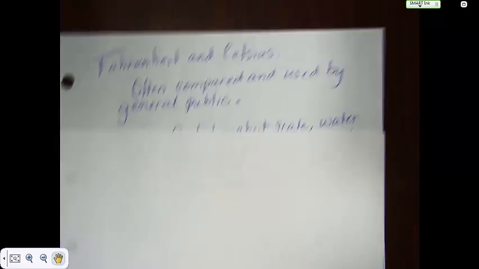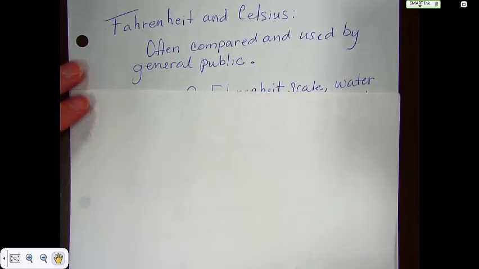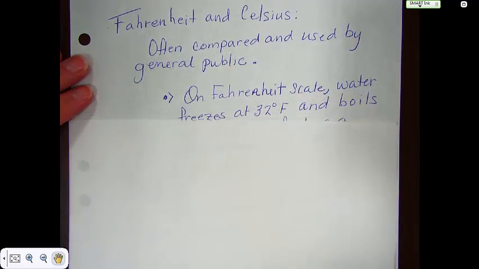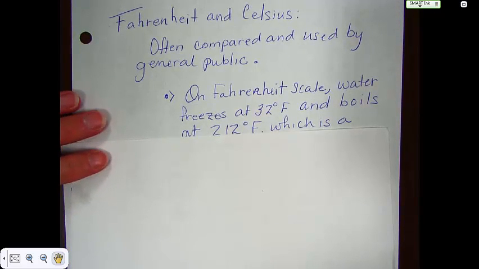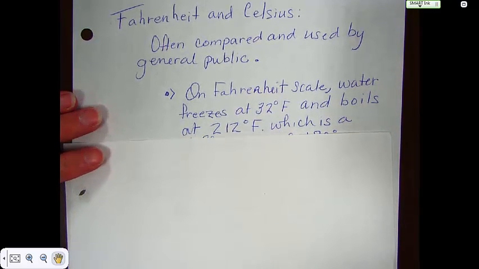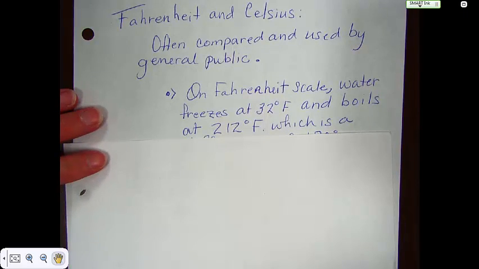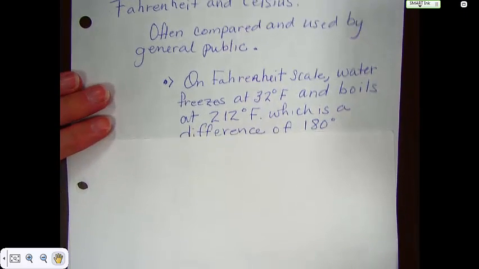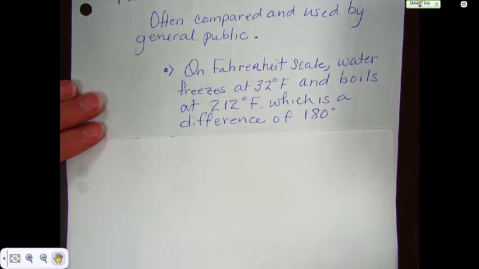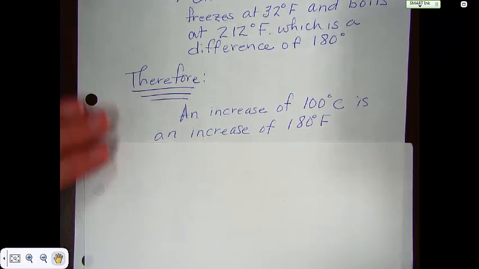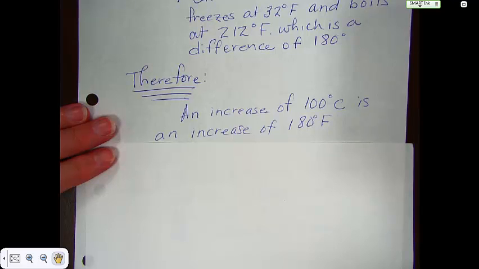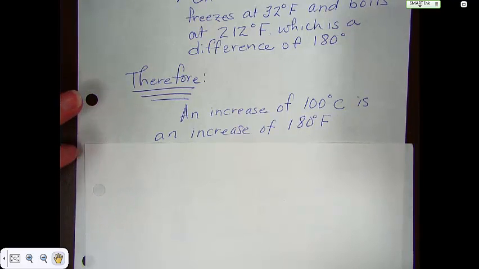We have one more thing that I want to talk about. Fahrenheit and Celsius are probably the most often compared by the general public. On the Fahrenheit scale, water freezes at 32 degrees Fahrenheit and boils at 212 degrees Fahrenheit, which is a difference of 180 degrees. However, on Celsius, there's only 100 degrees between boiling and freezing.